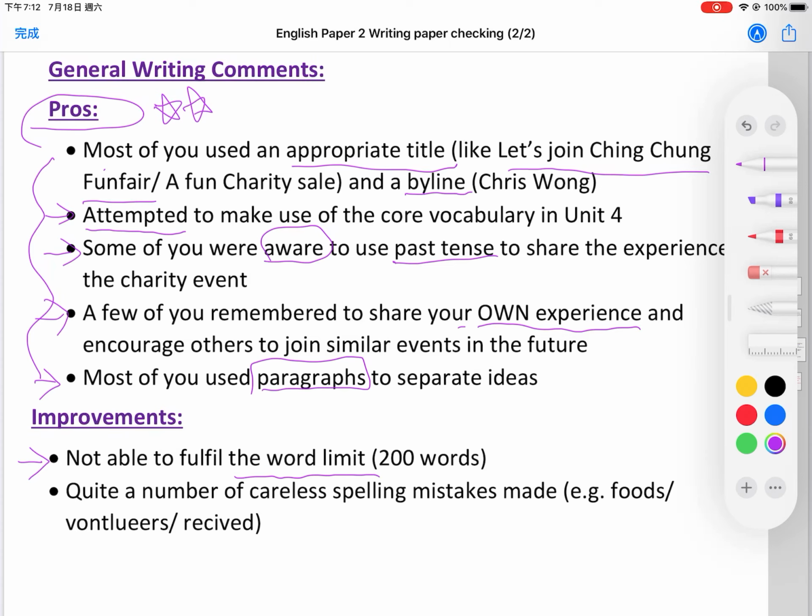Okay, you have to go into details so that you share more with me. Otherwise I cannot give you very high marks on content.